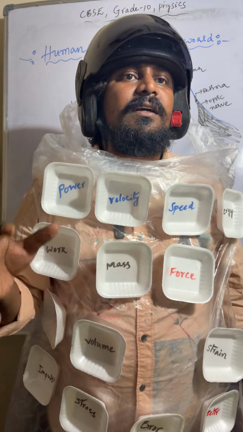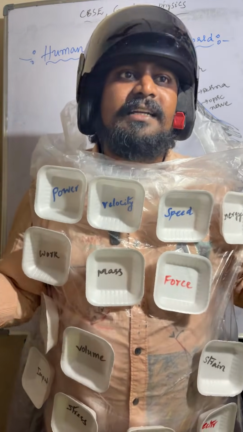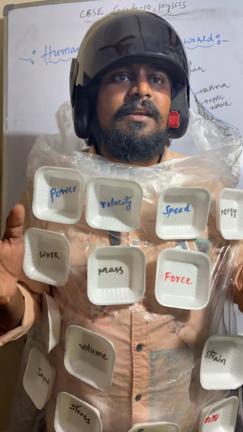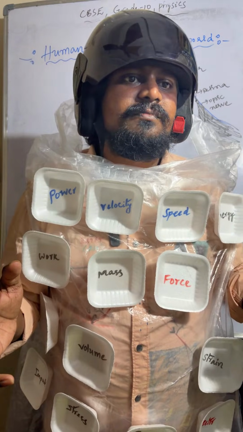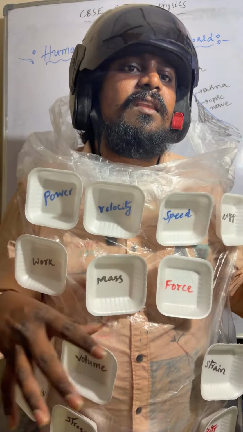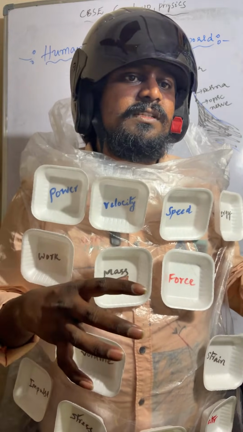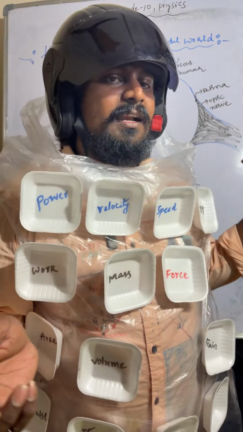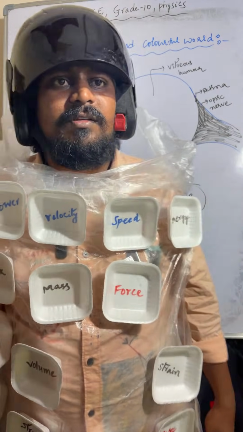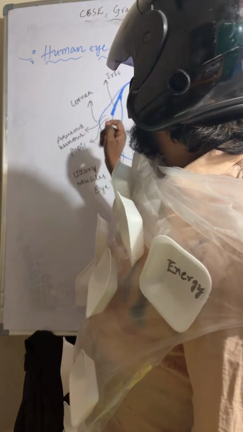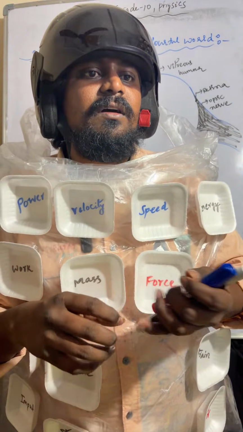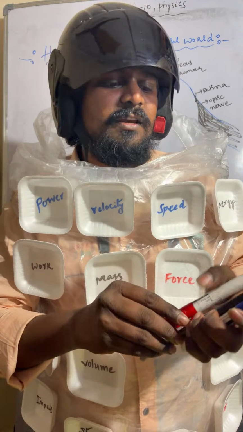Coming to the aqueous humor, it is a jelly type liquid present between. Where most rods and cones are present, that is called the yellow spot, at the retina.